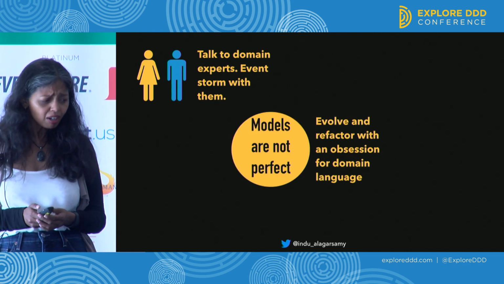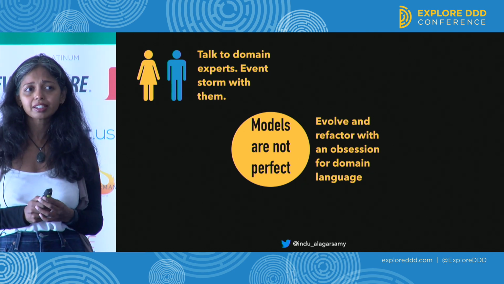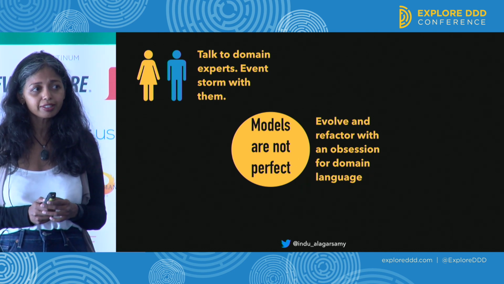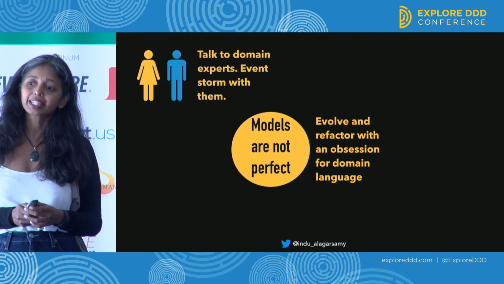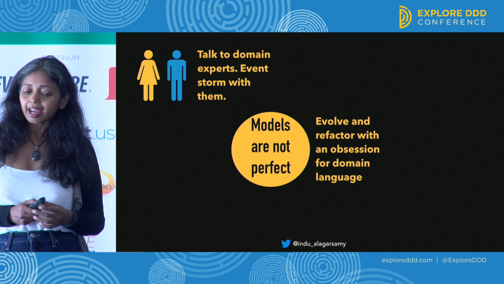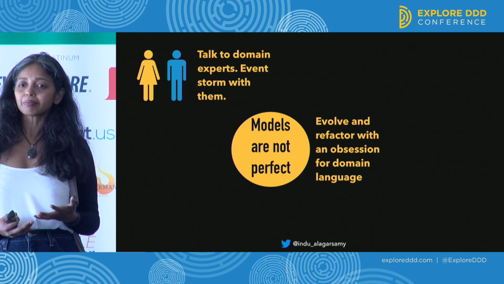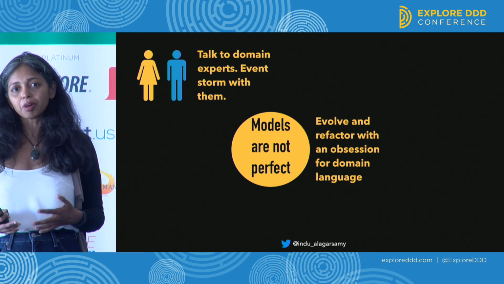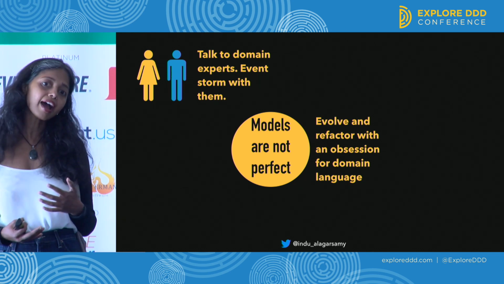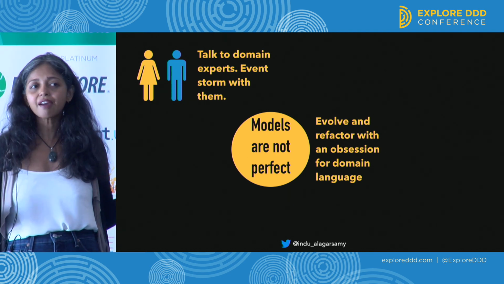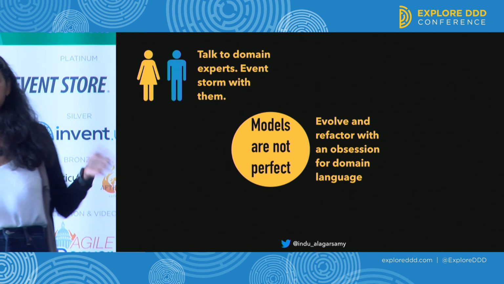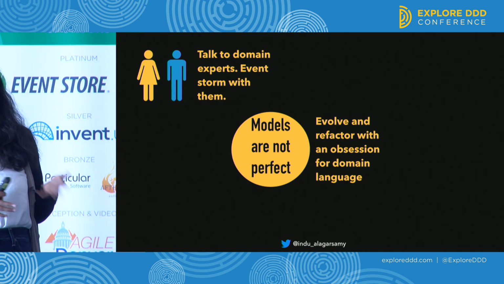So our models will not be perfect, and that's okay. Our job is to try to model business behavior as closely as we can, and we can only do that by constantly evolving our models and by constantly having collaborative sessions, and having an event storming session once things are working, to make sure that that is the expected behavior.